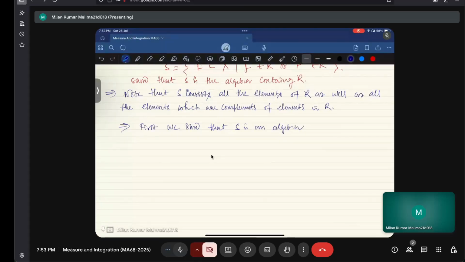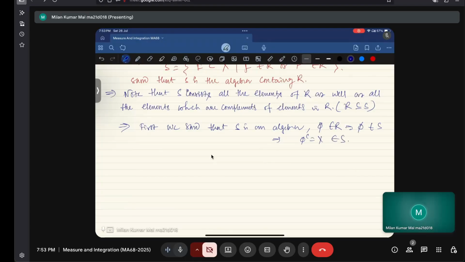Note that phi belongs to R, which implies phi belongs to S, and phi complement, which is the full set X, is again in S.